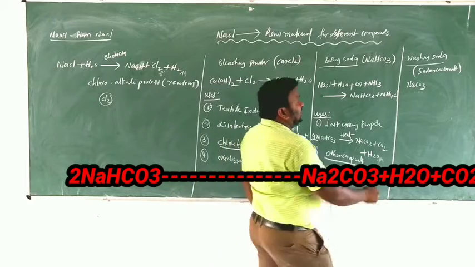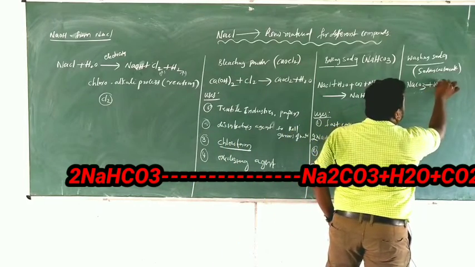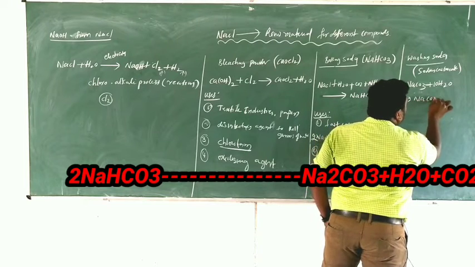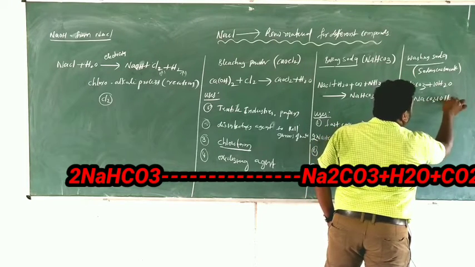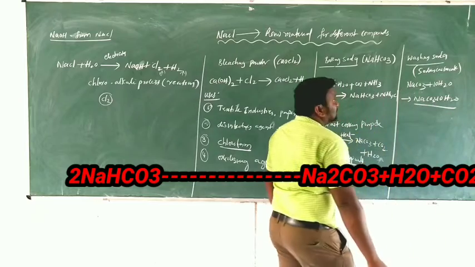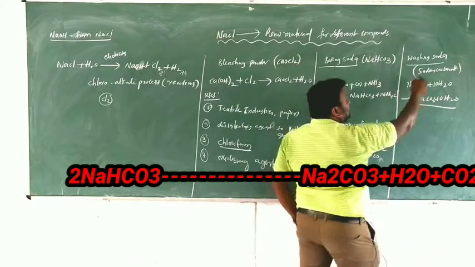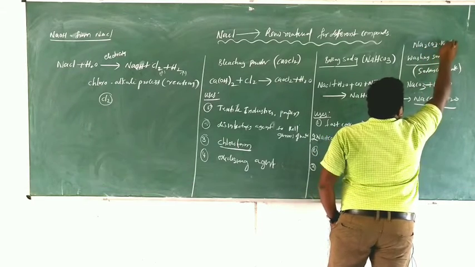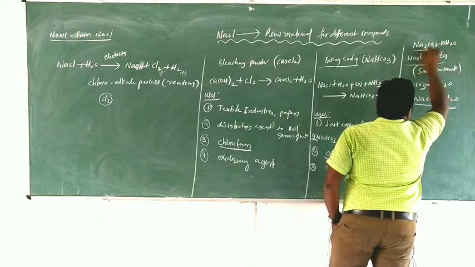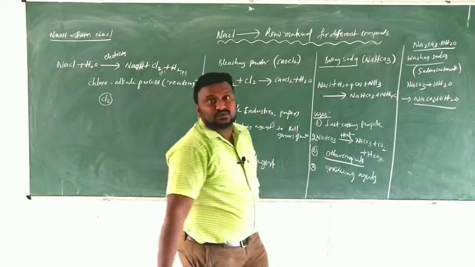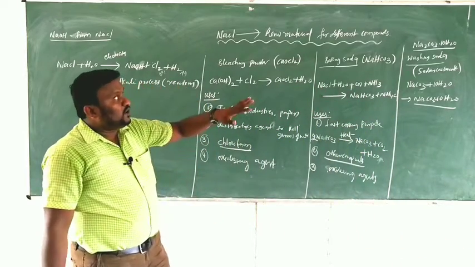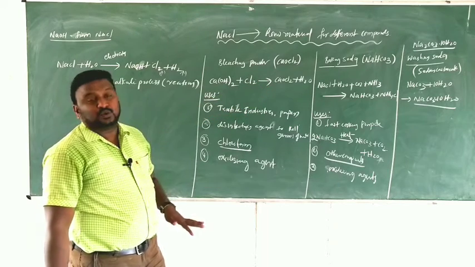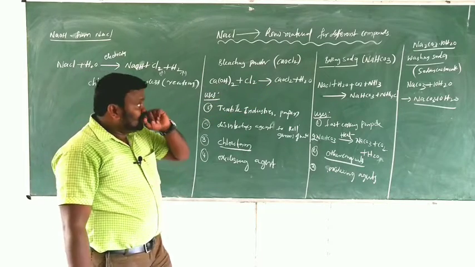So here Na2CO3 plus 10H2O gives rise to Na2CO3 10H2O. So here the washing soda formula is what? Na2CO3 10H2O. That is the chemical formula of washing soda. Clear?